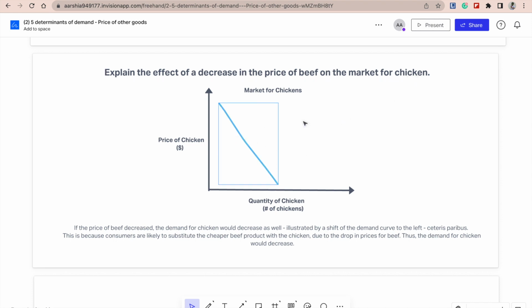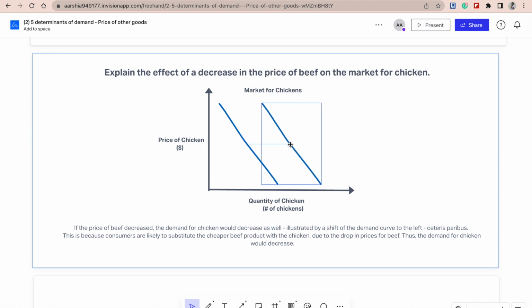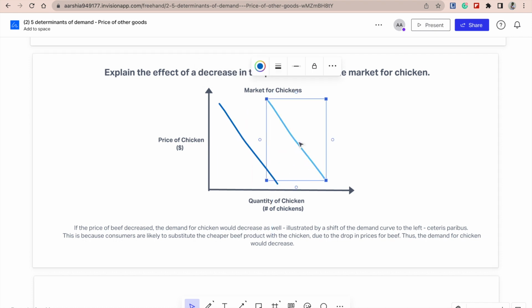So here we're going to have to draw this on the graph. And a decrease in the demand for chicken results in a shift of the demand curve to the left. So we have to have two demand curves and then illustrate the shift to the left. And this would be done by the arrow.